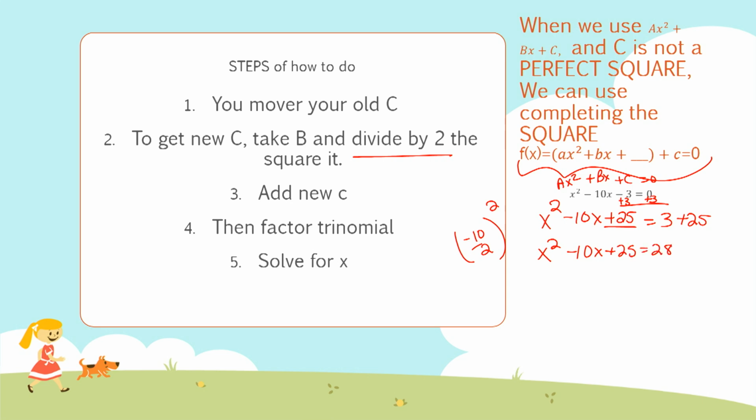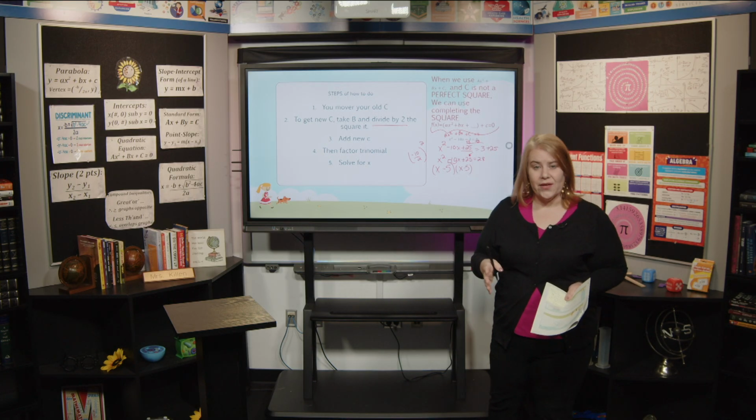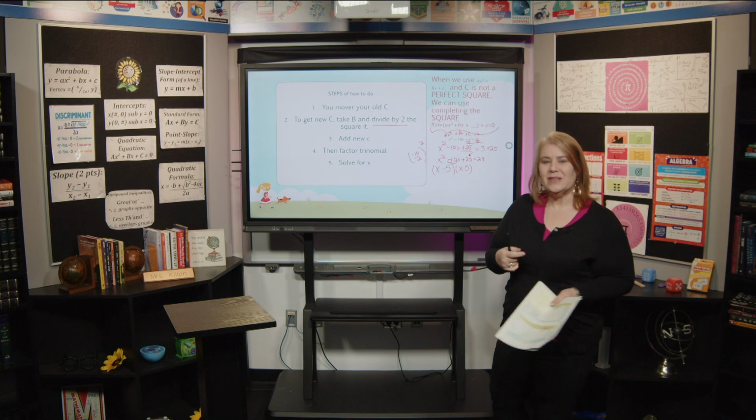To get that x by itself, I'm going to have to factor that trinomial. So I'm going to build my two binomials, taking the factors that add to give me negative 10. It's going to be x and x, subtraction and subtraction, 5 and 5. Now, we've learned that if I have something that's the exact same multiplied together, I can write it as being squared. So let's do that.